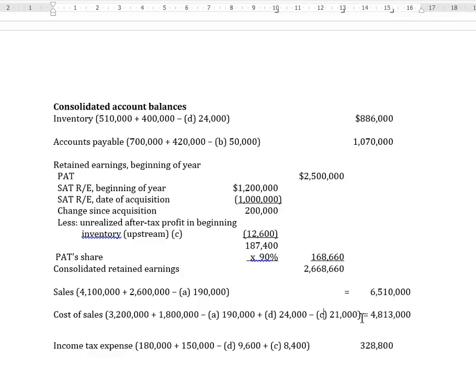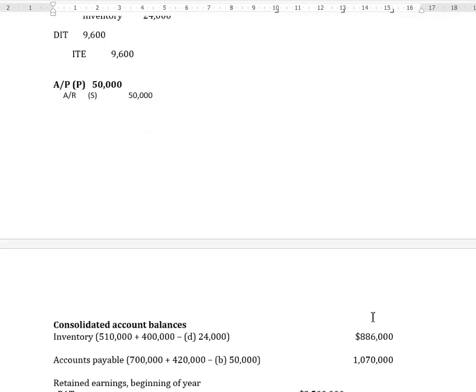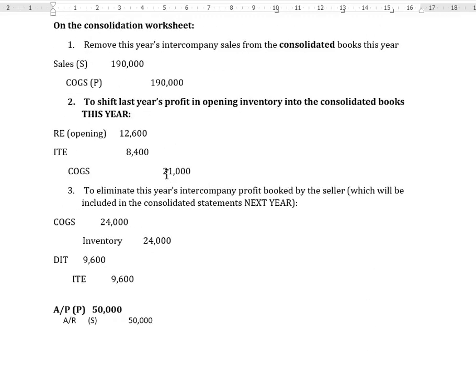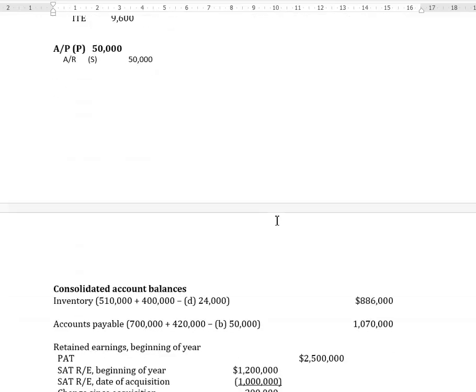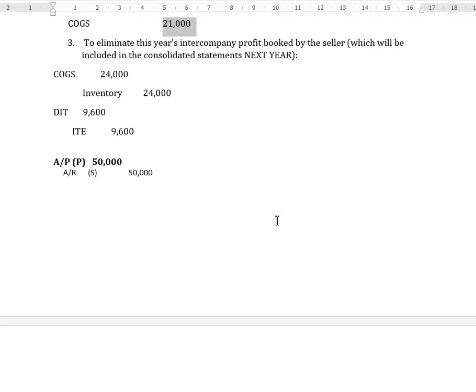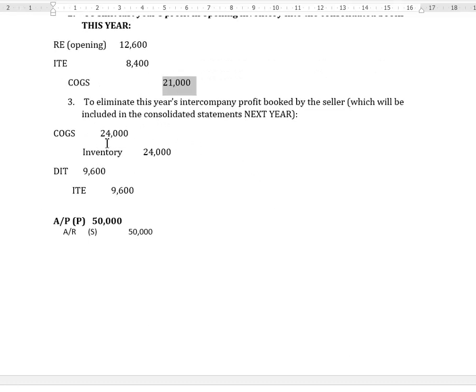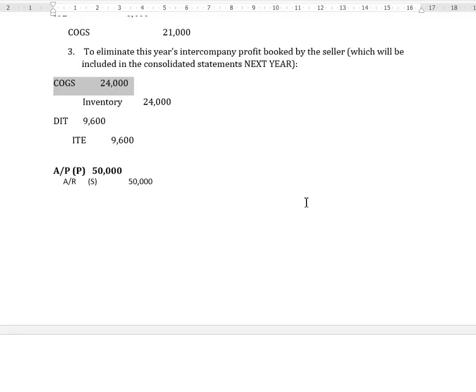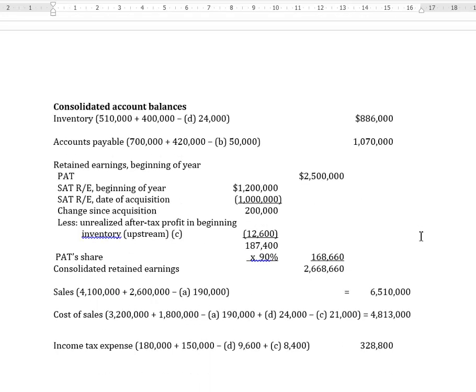And again, we also know we're going to decrease our cost of goods sold by $21,000. Wrong number. And then don't forget, in the current year, we had profit that we had to eliminate from the year 3 books. So to do that, from an income statement perspective, we're going to increase an expense, which increases cost of goods sold by $24,000. So we're going to get $4,813,000.